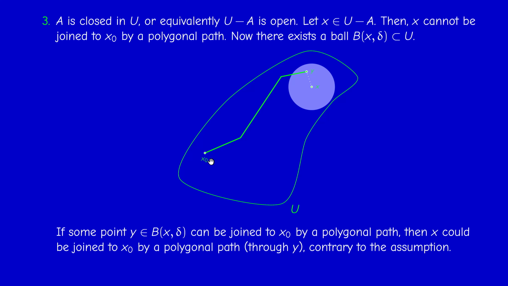But x cannot be joined to x0 by a polygonal path. Therefore, no point in the ball B(x, delta) can be joined to x0 with a polygonal path, and therefore B(x, delta) is contained in U without A. Therefore, U without A is open. Therefore, A is closed. And that's it.